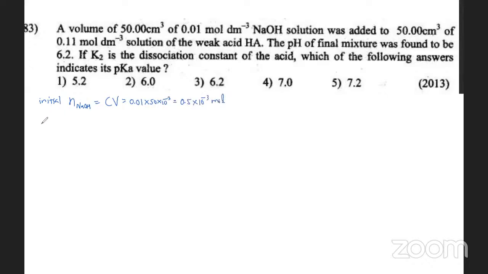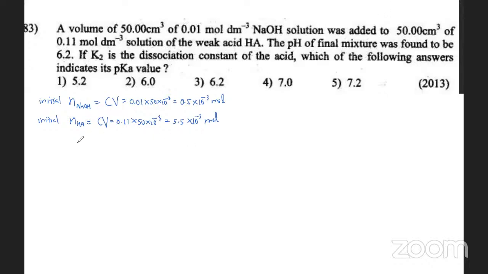Similarly, initial moles of HA is 0.11 times 50 times 10 to the power minus 3, which is 5.5 times 10 to the power minus 3 moles. So you can see we are using HA in excess, so that after the reaction finishes, HA will remain and NaA will remain. That's how we can create a buffer solution.